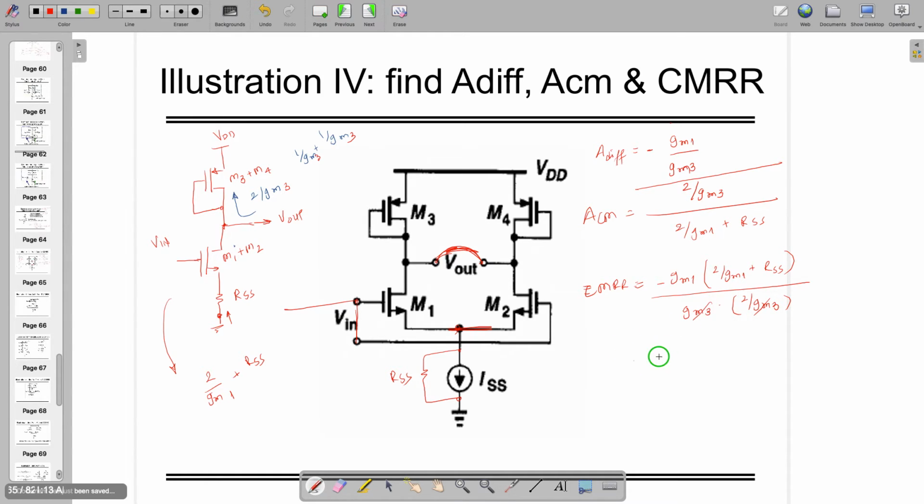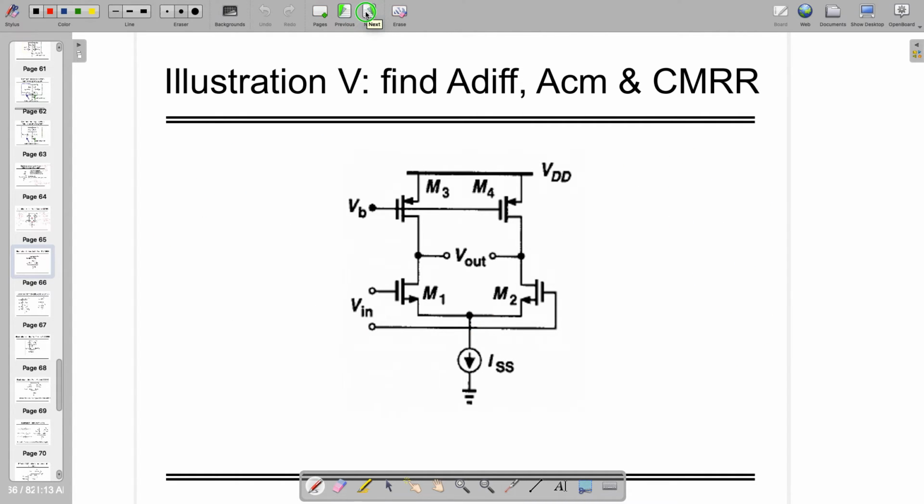So this is gone, so effectively mod of this one is going to be equal to gm1 times 2 by gm1 plus RSS only divided by 2. Right? So you can see the dimension wise, it's everywhere unitless.